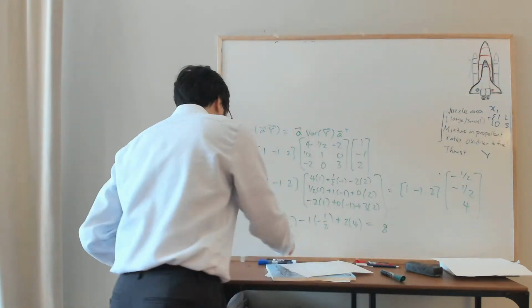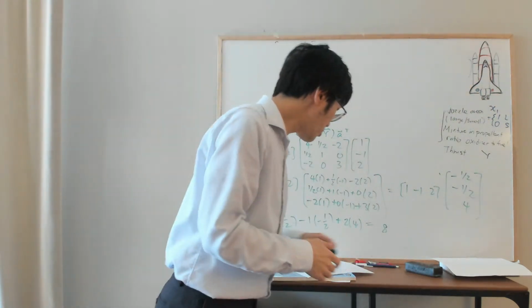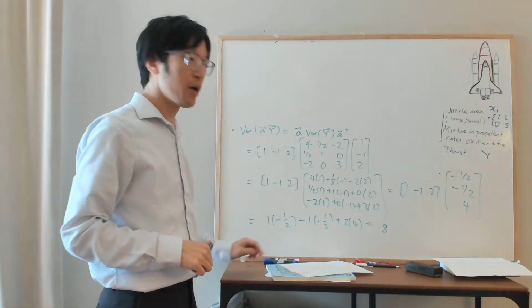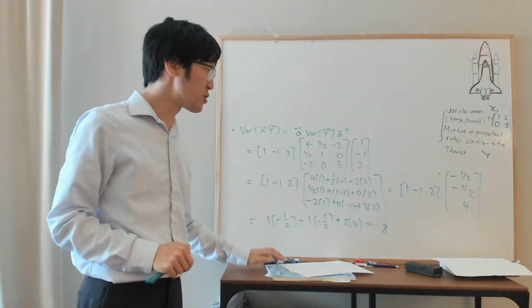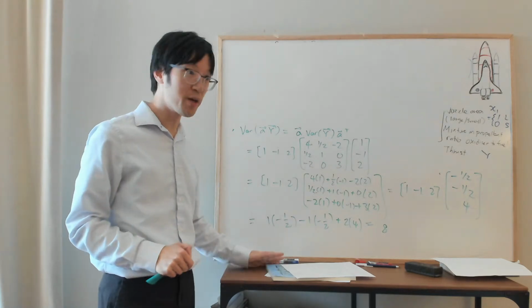So remember, we're modeling y as matrix X times the vector of parameters beta, and then plus epsilon.